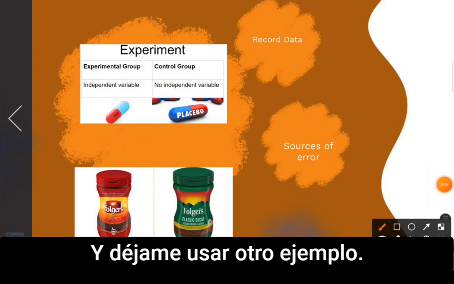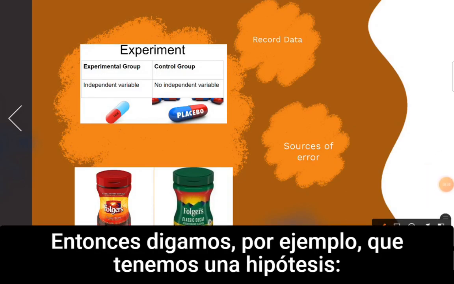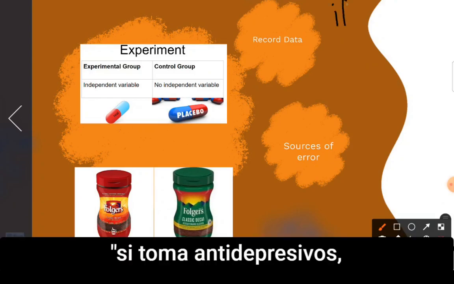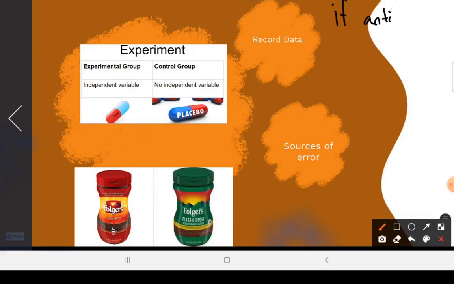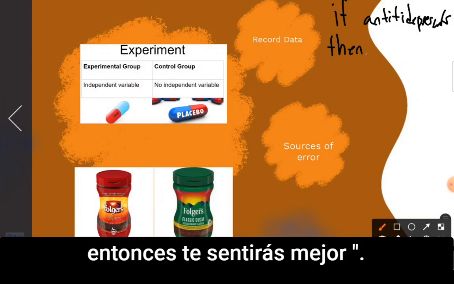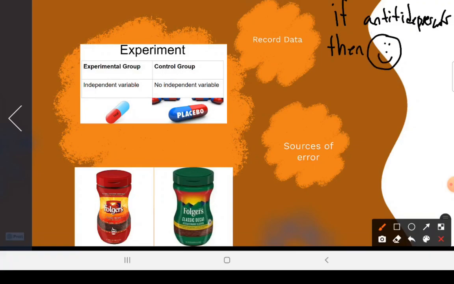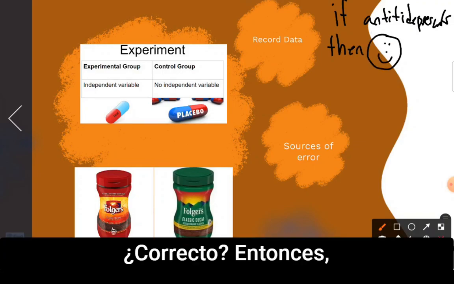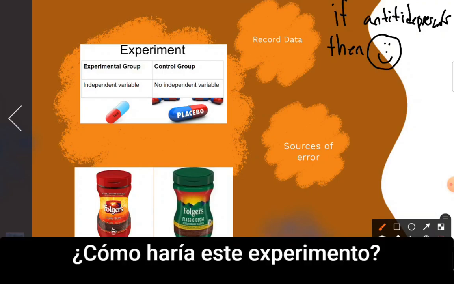And let me use another example. So let's say, for example, we have a hypothesis. If you take antidepressants, then you will feel better, right? So how would I run this experiment?